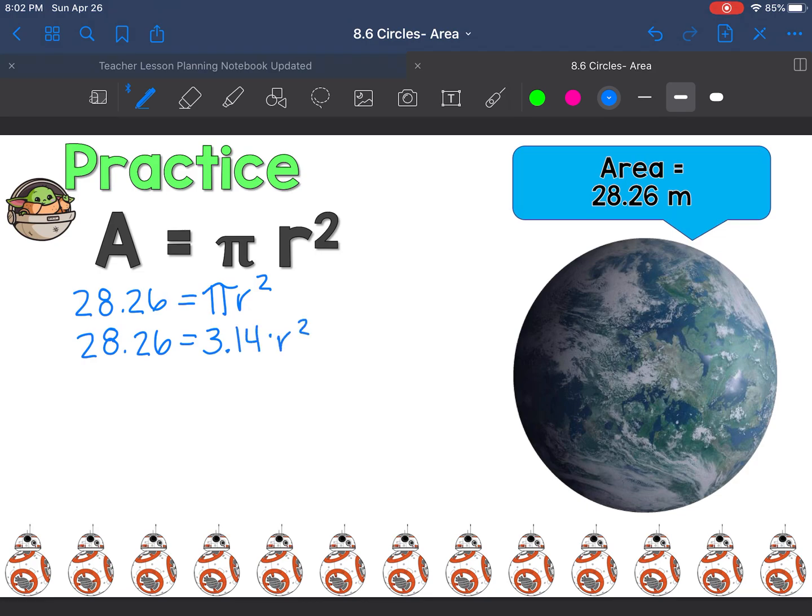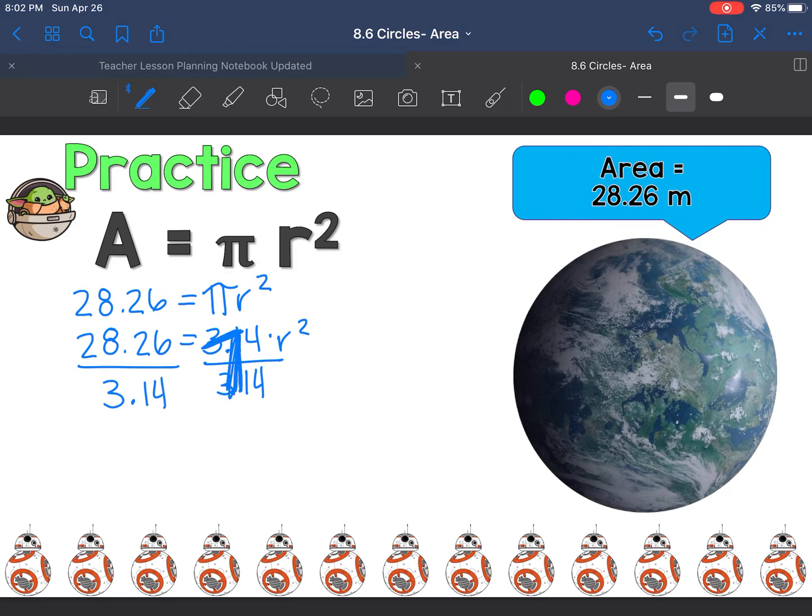So once again, I don't have radius squared by itself, so I need to get rid of it. I'm multiplying 3.14 to radius squared, so I need to do the opposite of that. The opposite of multiplying by 3.14 is dividing by 3.14. So I'm going to divide by 3.14 on both sides.